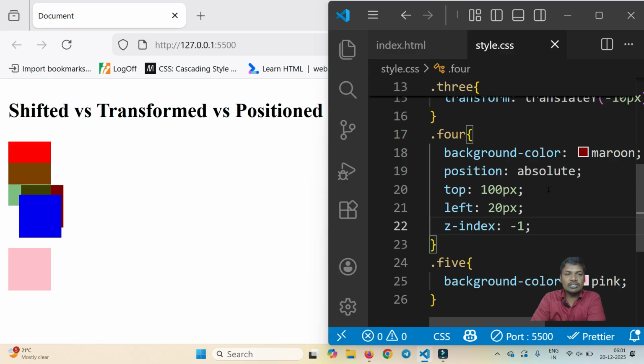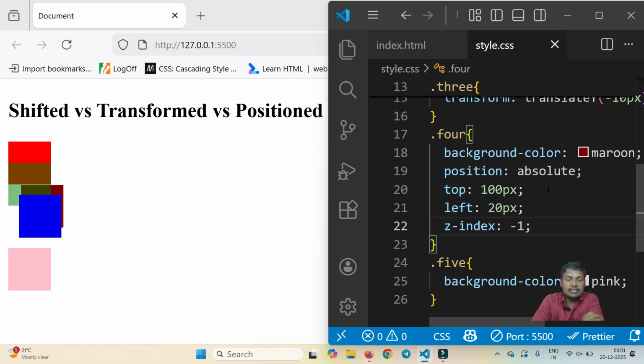So in this class we learn what a shifted element is, what a transformed element is, and what a positioned element is. These three make elements overlap, but only the positioned element is real overlapping. Shifted and transformed elements are not real overlapping. They are just positioned over another element. They are still in the normal document flow only.